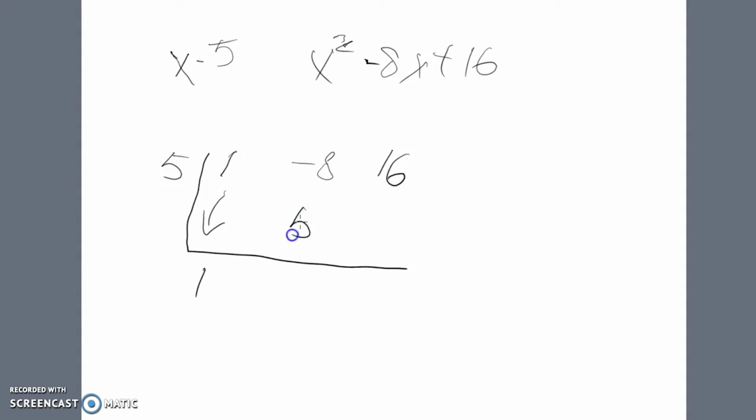You add these two and again multiply it to 5 and place the answer over here. Since we were left with a remainder of 1, we know that x minus 5 is not a factor of this polynomial, since we're left with a remainder.